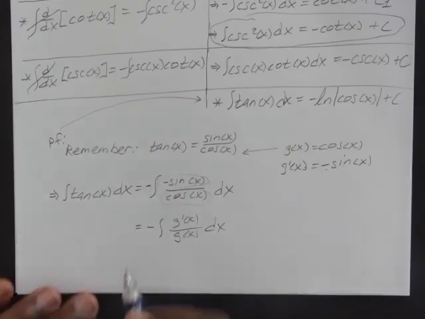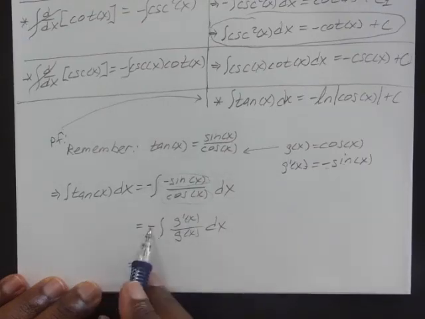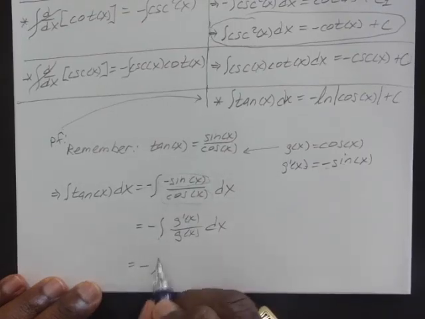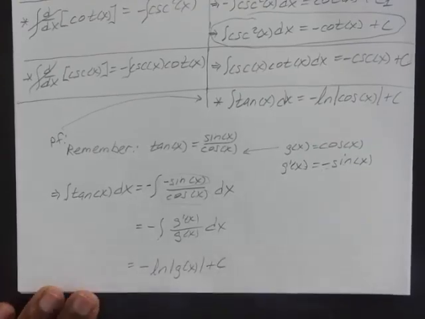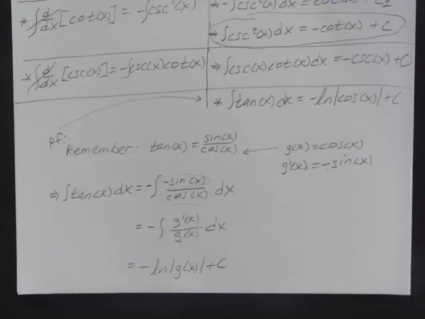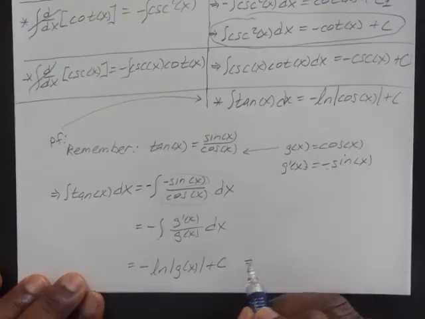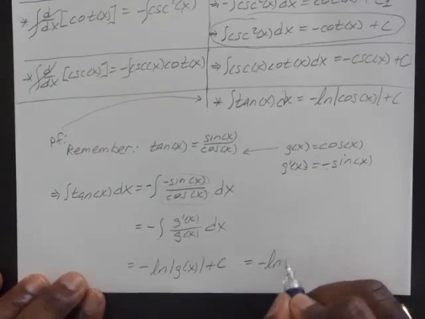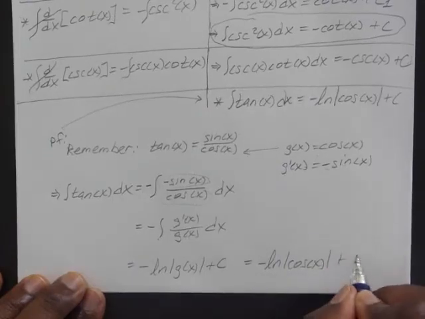Okay, and we already know that the antiderivative of g prime of x over g of x is just, in this case, the natural log of your g of x plus c. And since g of x is equal to cosine of x, we could just rewrite that as the negative natural log of cosine of x plus c.